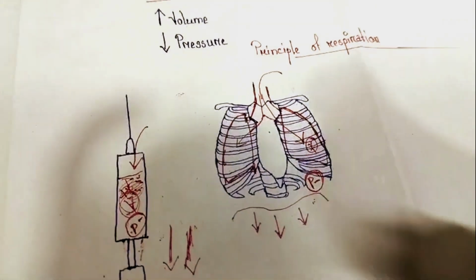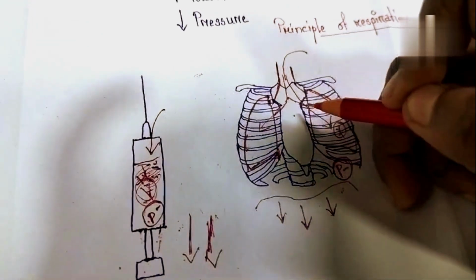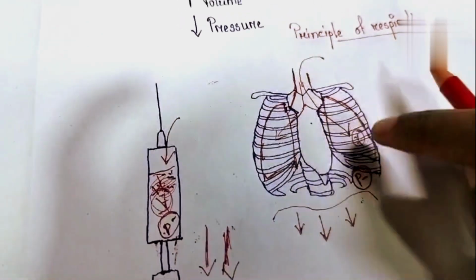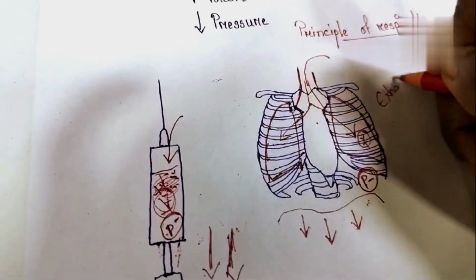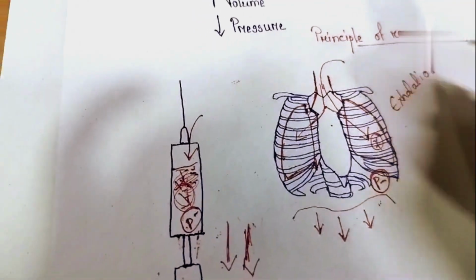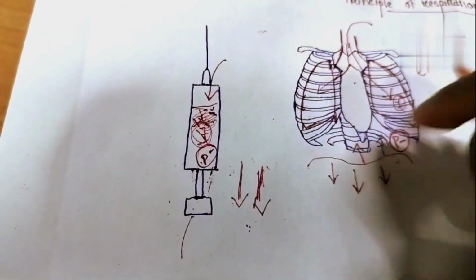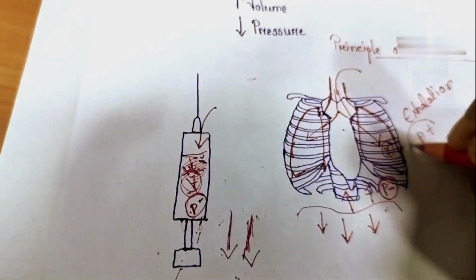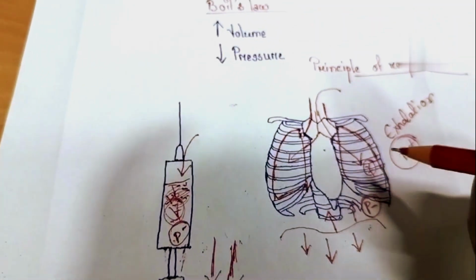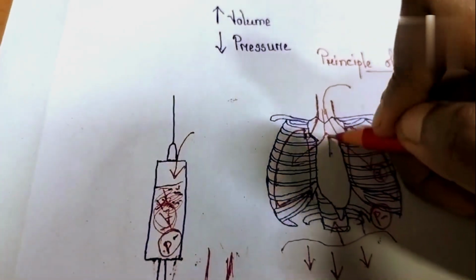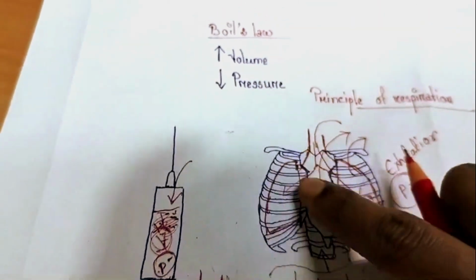And in case of exhalation, of course, the intrathoracic pressure will again increase, right? Because the diaphragm now goes upward, there will be an increased amount of pressure within the intrathoracic area, and now the air will be exhaled by that.